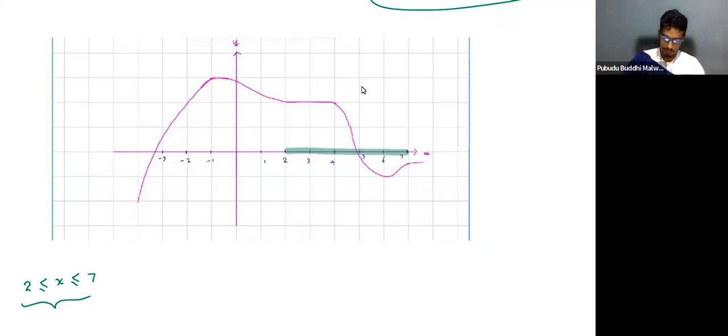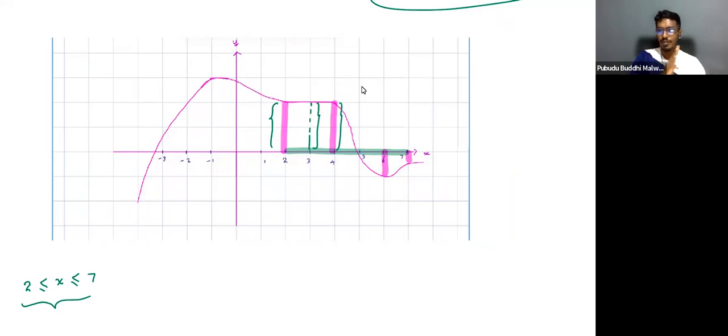For example, we can draw vertical lines for these values. So that's the function value for x equals 2, for 4, for 6, for 7, like that. Then what's the greatest, the highest function value? Clearly, you will get the greatest value when x equals 2, when x equals 3, and when x equals 4.